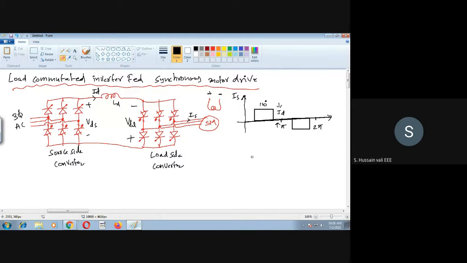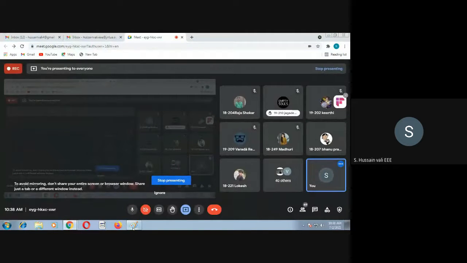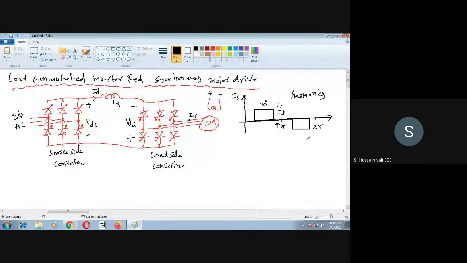So now what is the fundamental? This has harmonics, no doubt, because it is a non-sinusoidal waveform. As it is non-sinusoidal, it has harmonics along with the fundamental component. Now I will write the value of this fundamental component. Apply the Fourier series, then you will get its value.